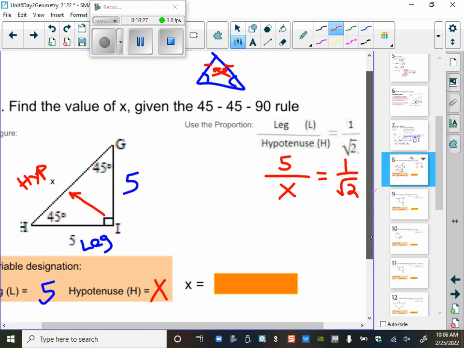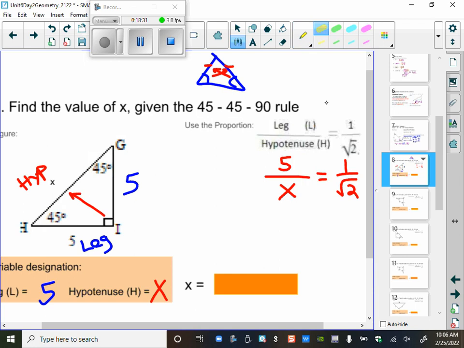Now, here's how we do this. Multiply diagonally. So what's 1 times x? 1. Okay. Do we need that 1 next to the x?